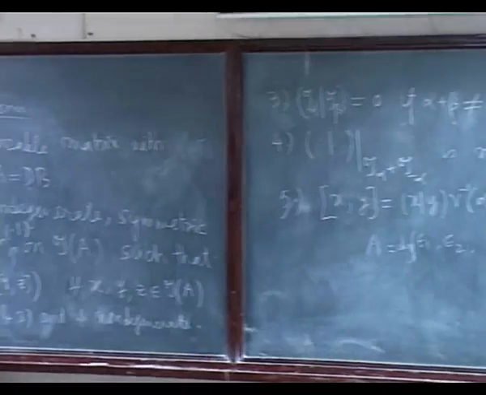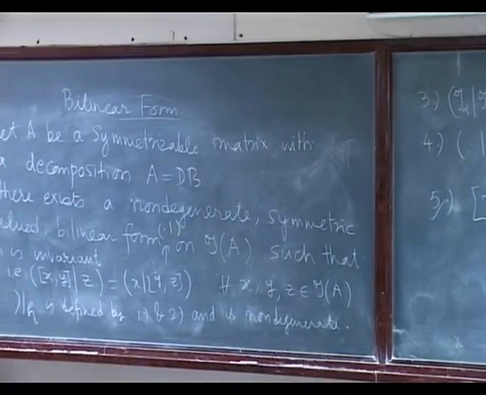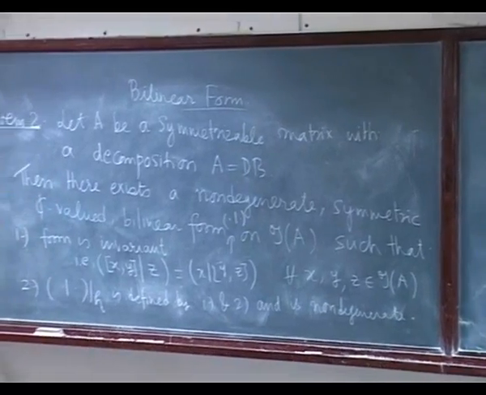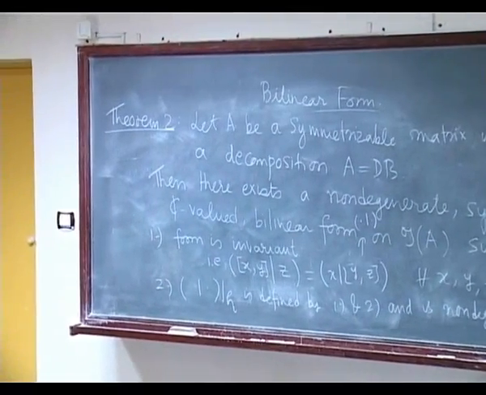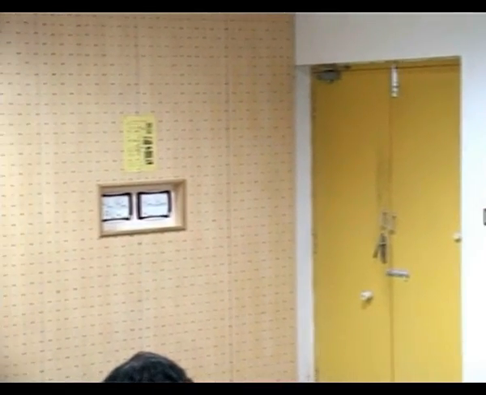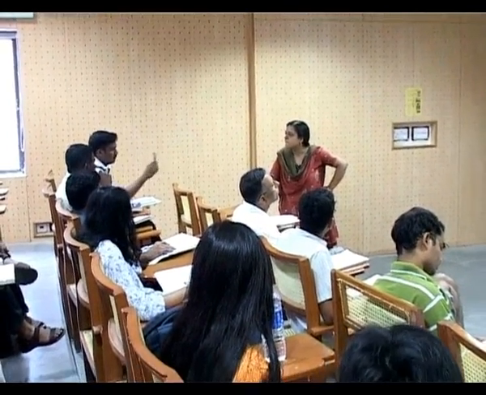In the general case, can we also get a non-degenerate form on H? It won't be symmetric, but we can get a non-degenerate form. We are putting the symmetrizable condition to ensure that it is actually a symmetric bilinear form.